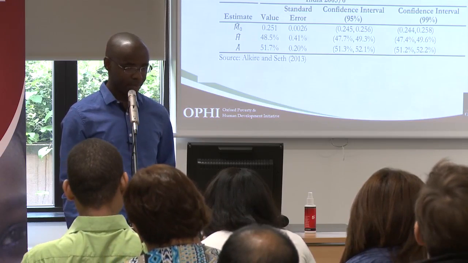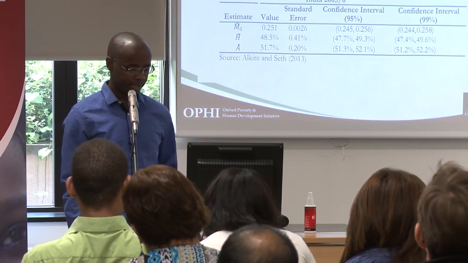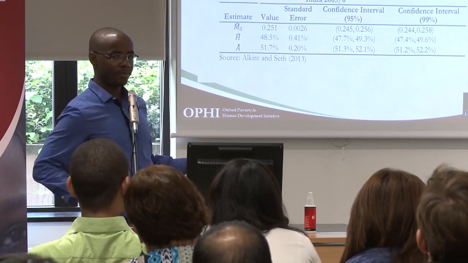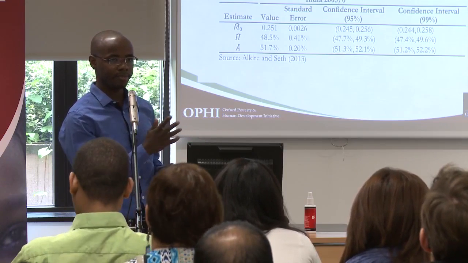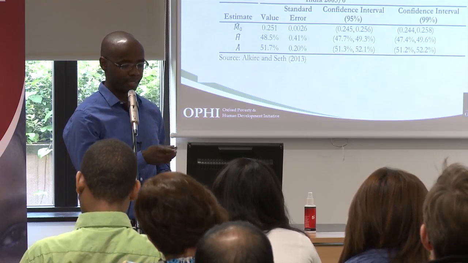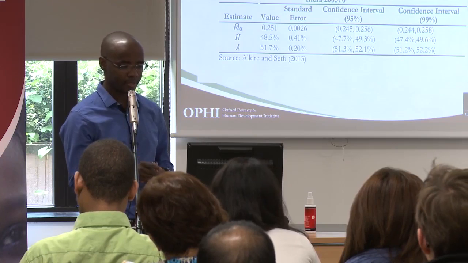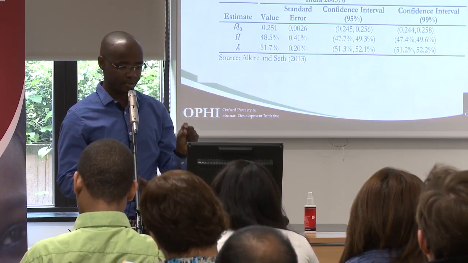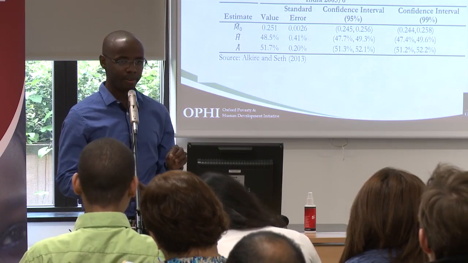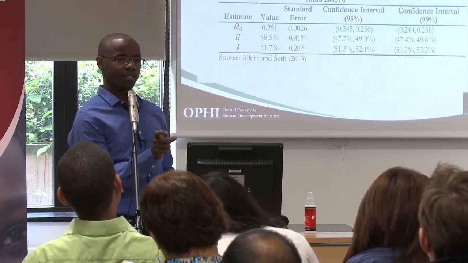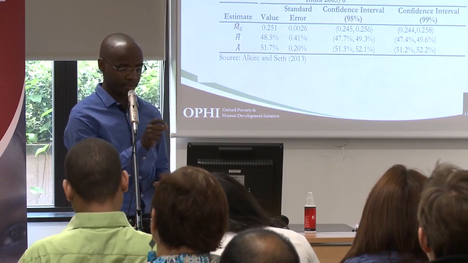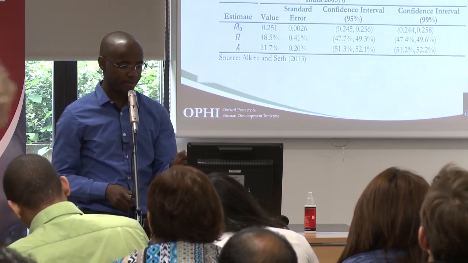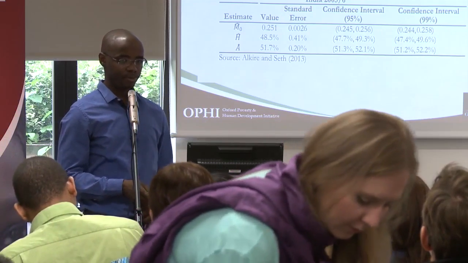Here I will just interpret very quickly what the confidence interval means. You see, for example, here we have two different confidence intervals, one at 95% and the other one at 99%. So let's take the case of M0. The point estimate of M0 in the case of India here is 0.251, and the standard error associated with this point estimate is 0.0026, and from this we get the confidence interval going from 0.245 to 0.256.